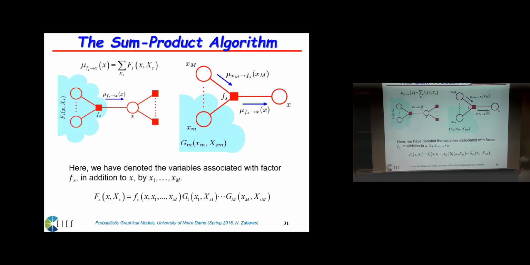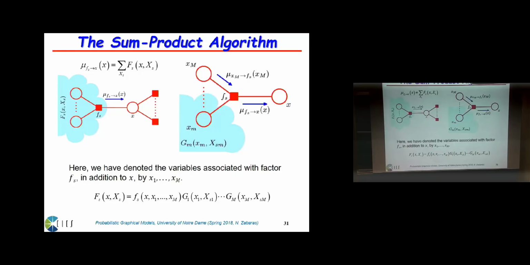What do you think is Gm of xm, Xsm based on what we discussed, with a similar notation we discussed for a factor before, with a tree affiliated with a factor. So what do you think? Here I need to account for all the potentials involved on this subtree, and the only thing I have is this factor and the node that is being connected.